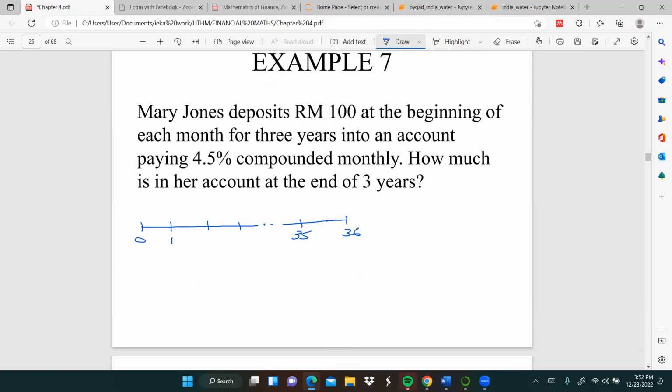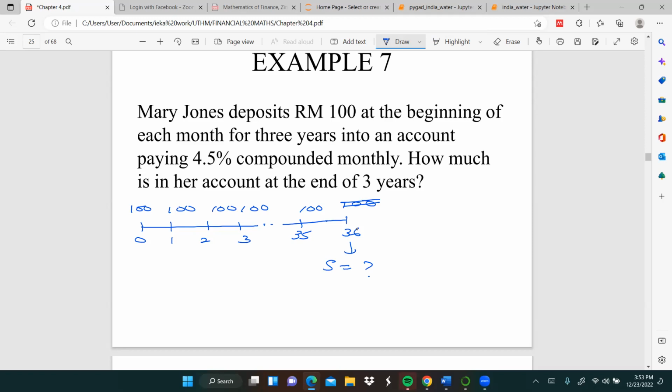So 0, 1, 2, 3, and the payments start at time 0. The payments are made from time 0 to 35, but n is equal to 36, the 36 payments in total.